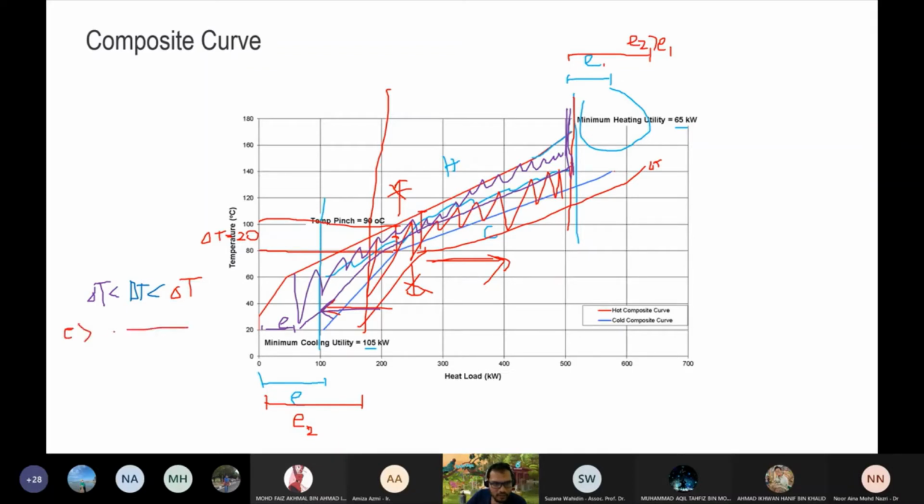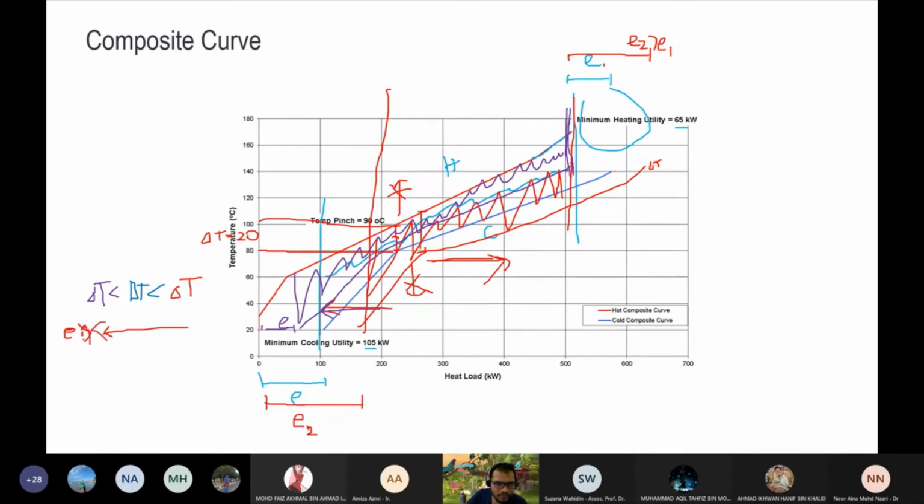If we go from here to there, this is then the heating requirement. Sorry, this is not the other way around.